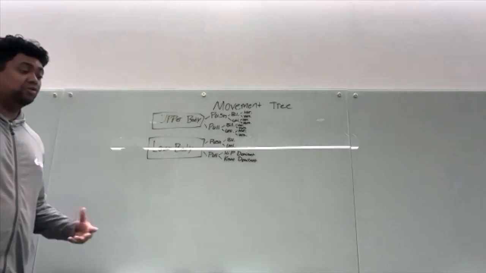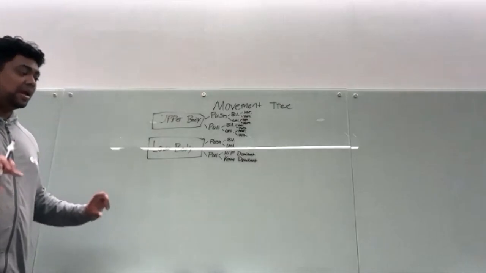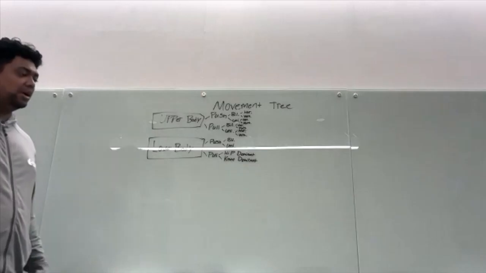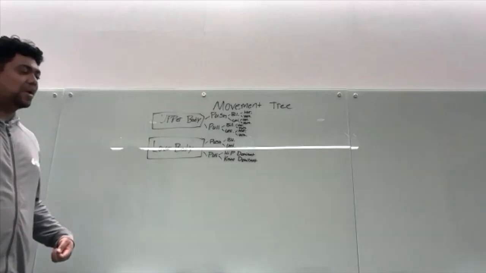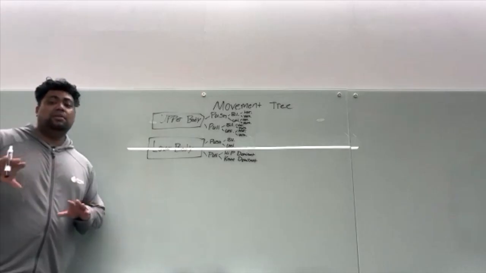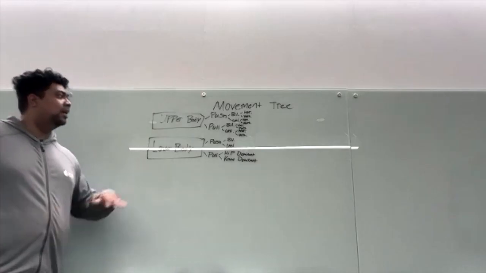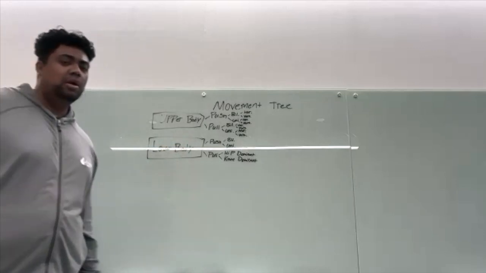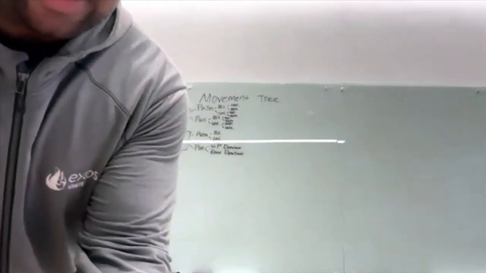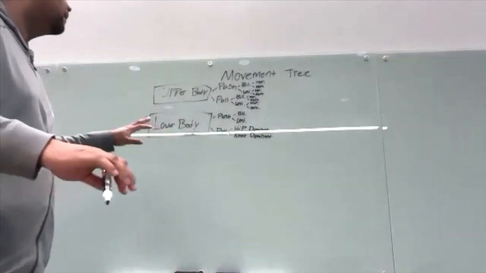You could also do trap bar deadlifts, which could be high handle, which mimics more of a pull, and low handle, which mimics more of a squat pattern. It's tricky. Another topic, another day. But that is your general, really quick and easy movement pattern tree, right?